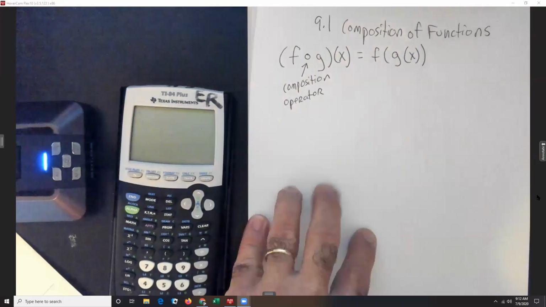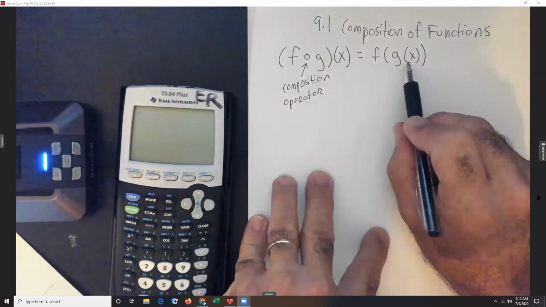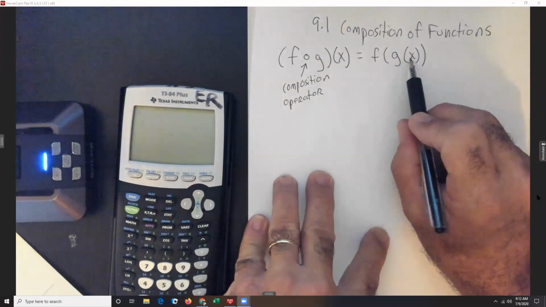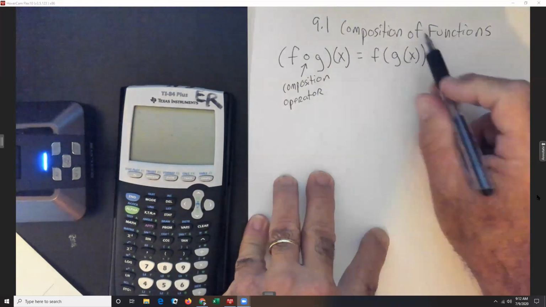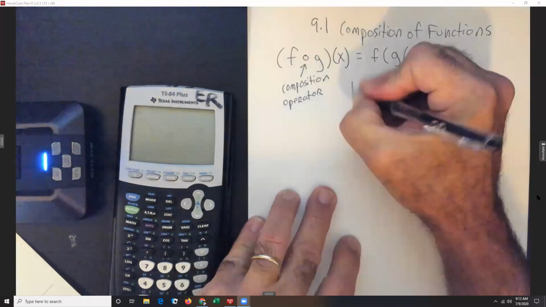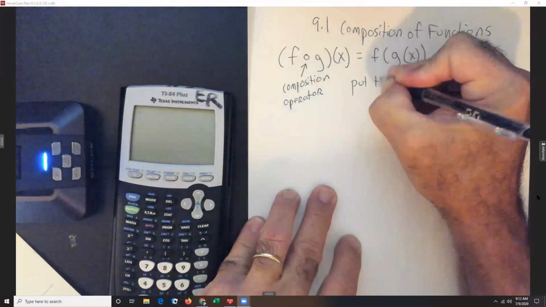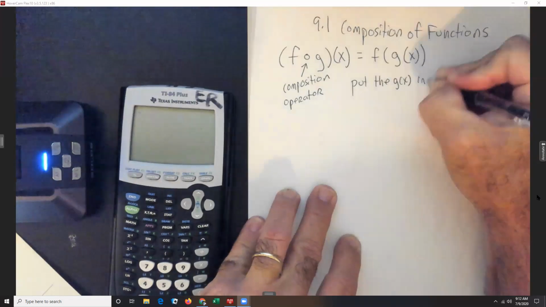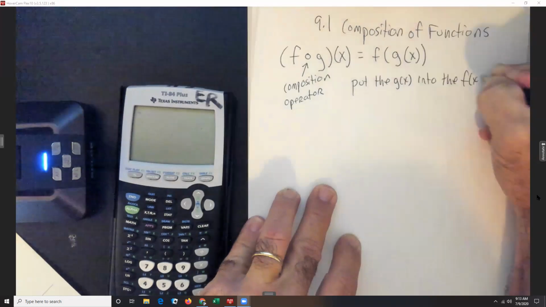Which means you start with the g of x function, you work it, when you're done, you put that answer into the f function, okay? So on this one, we put the g of x into the f of x.